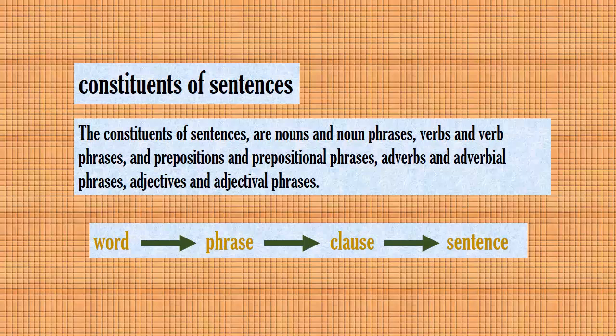Next, we are going to discuss constituents of sentences. For the detailed study of constituent, you can watch the previous video, Syntax Part 1, where I have discussed it in full detail. The constituents of sentences are nouns and noun phrases, verbs and verb phrases, prepositions and prepositional phrases, adverbs and adverbial phrases, adjectives and adjective phrases.